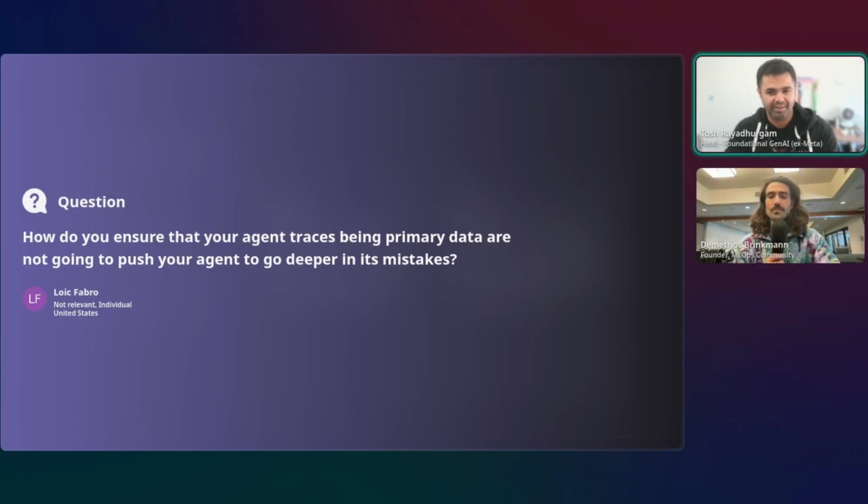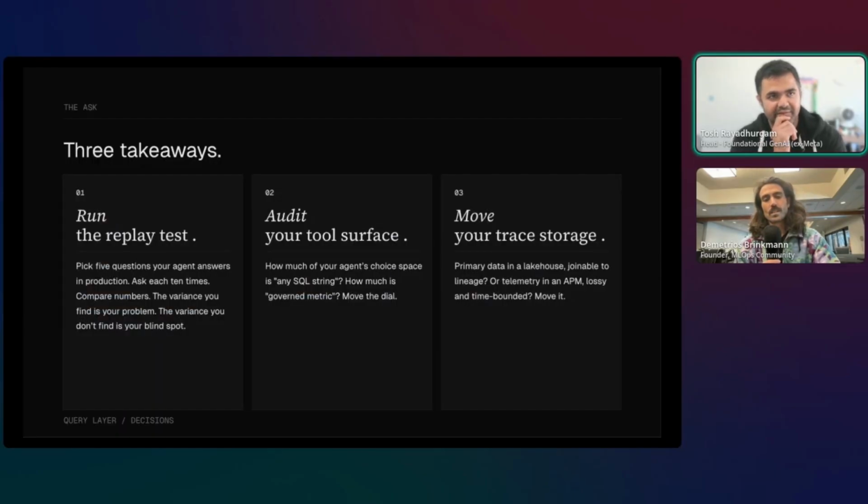So one thing I would like to say is when you have your agent traces basically being your primary data, let's just say most teams, when they start logging agent traces, are trying to do the obvious things. Let's say the agent asked a question and you got an answer and you make that available.